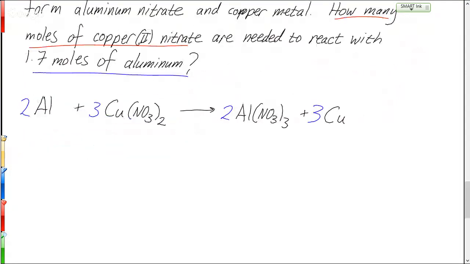All right, so for the next part, we're going to use those coefficients from the balanced equation to come up with a molar ratio, and that's going to work as our conversion factor. So we're given 1.7 moles of aluminum, and we want to convert that from moles of aluminum to moles of copper 2 nitrate.